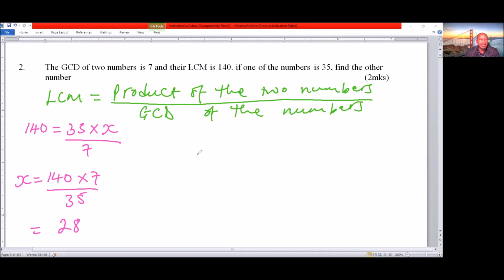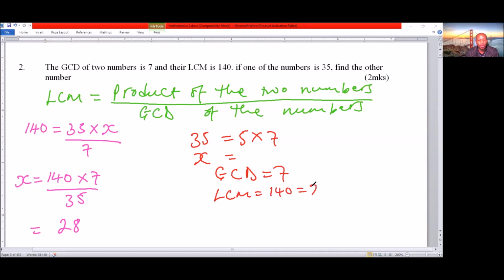Alternatively, we can argue like this. The factors of 35 are 5 times 7. So our number, let it be x. Since we have been given the GCD is equal to 7, and the LCM is equal to 140, which is the same as 2 multiplied by 2 multiplied by 5 multiplied by 7.